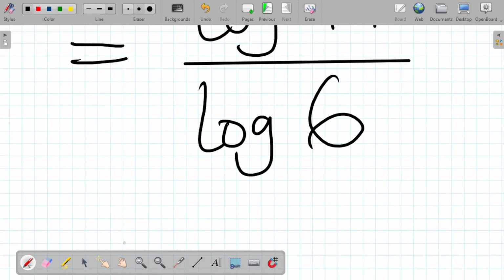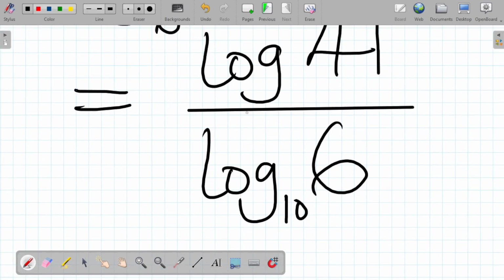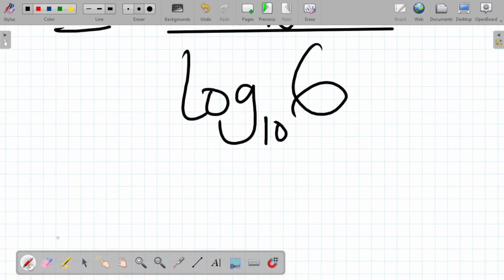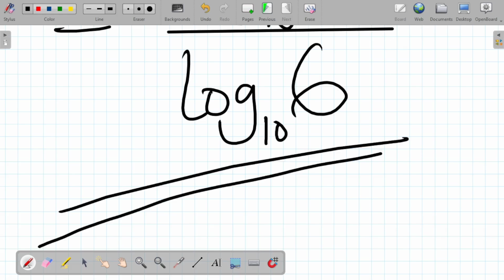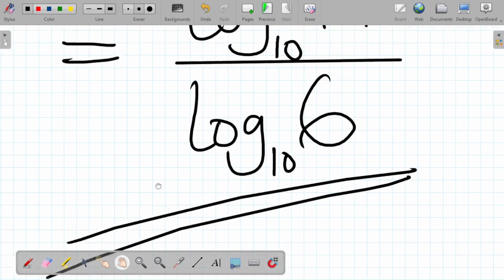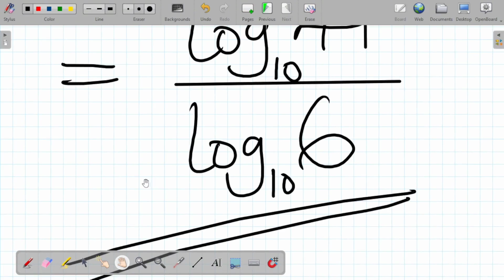And then the next task is to write down base 10. So attach 10 here, and then attach 10 here. So this is how you solve problems that are not given in base 10.